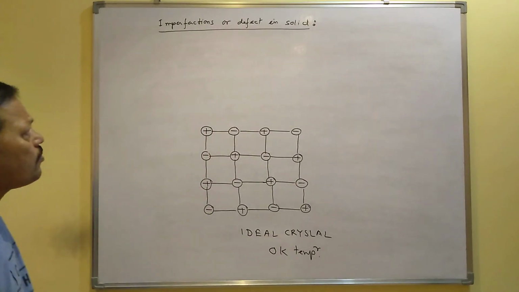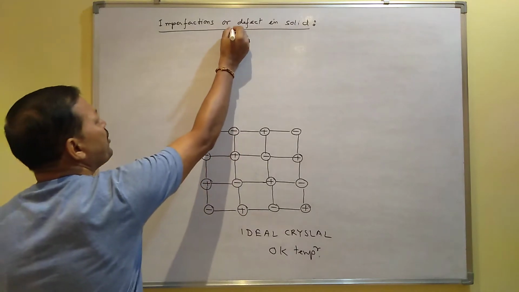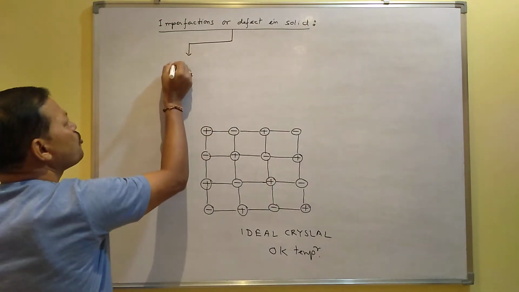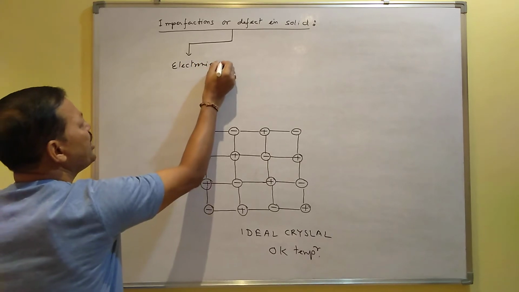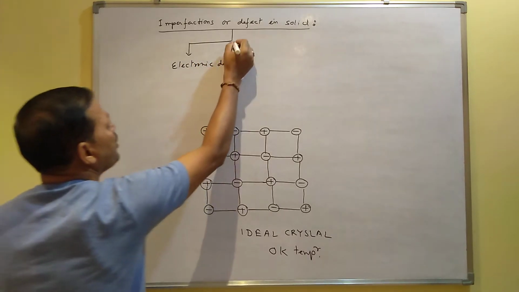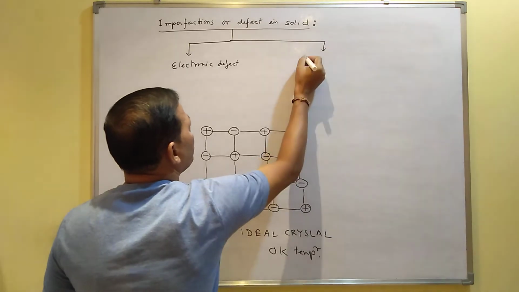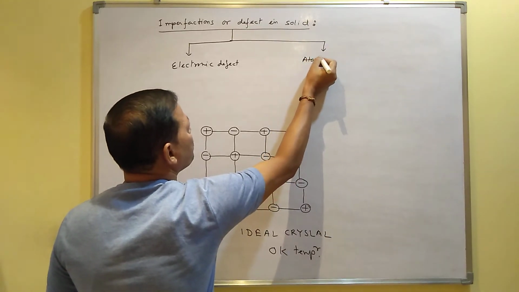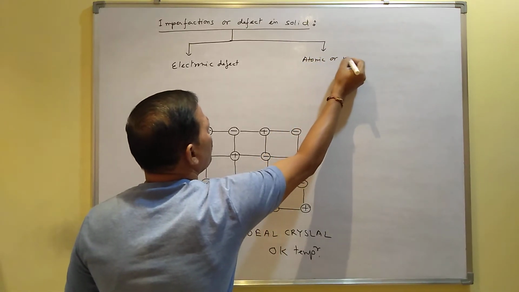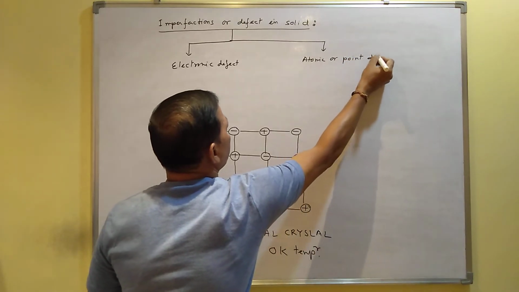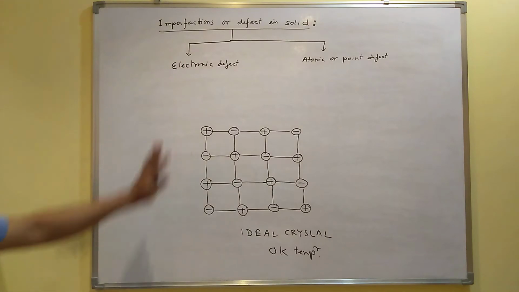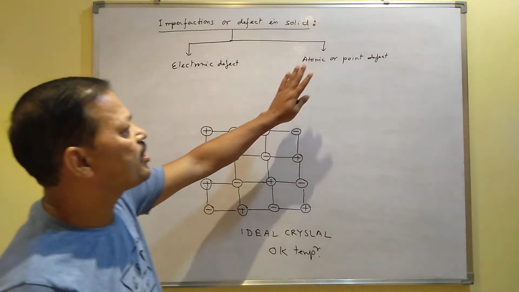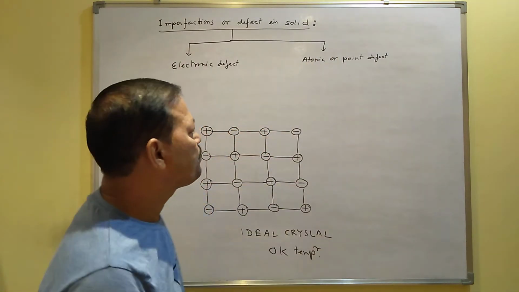Now, mainly there are two types of defect. One is called electronic defect, and one is called atomic or point defect. Some defects are called electronic defect and some defects are called atomic or point defect.